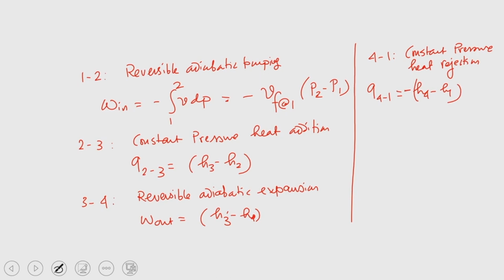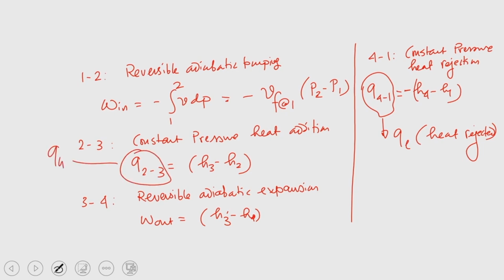Now you can understand, this is the amount of heat which is rejected. So, this is QL, heat rejected, this is Q out. This is QH, heat supplied.